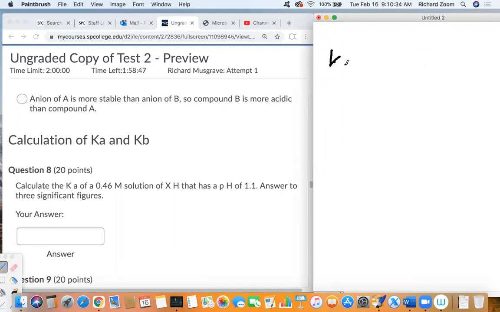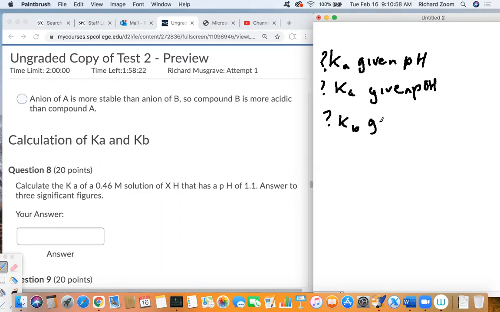So you can have Ka given a pH. We can have Ka given pOH. Those are the 2 that are actually there. We could have Kb given pH, or we could have Kb given pOH as well.